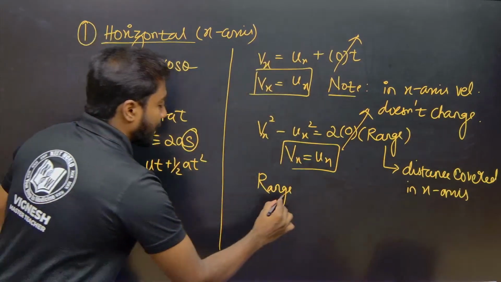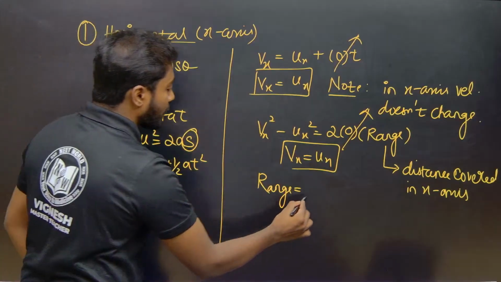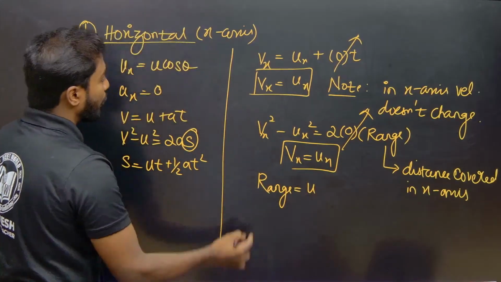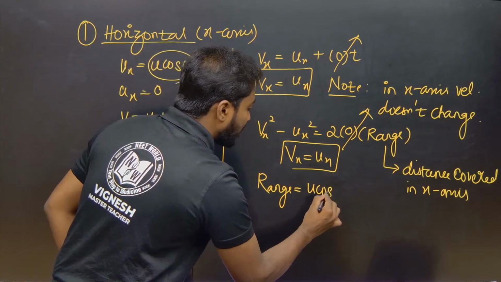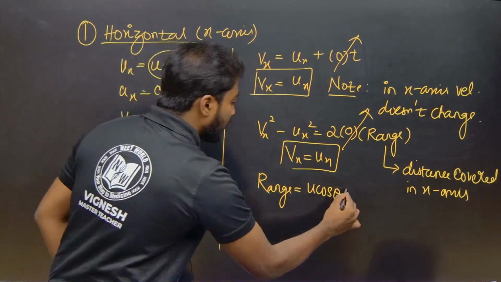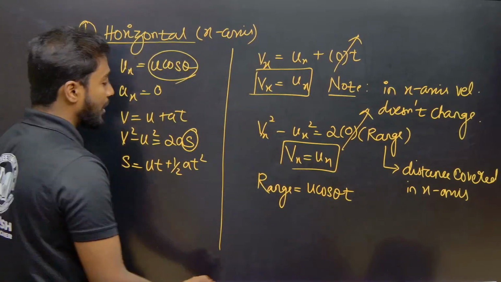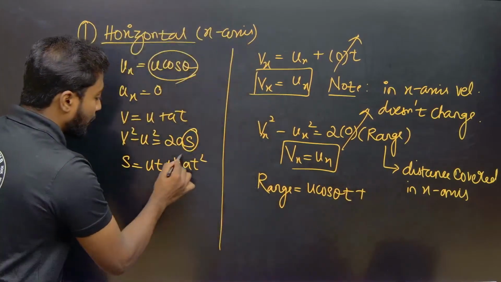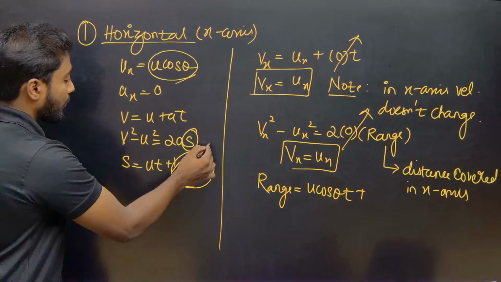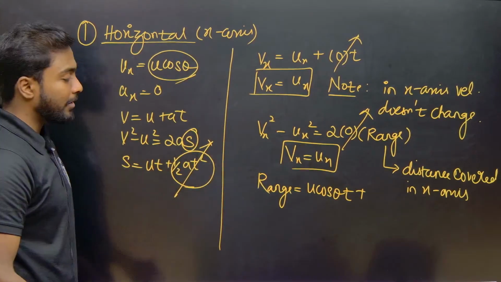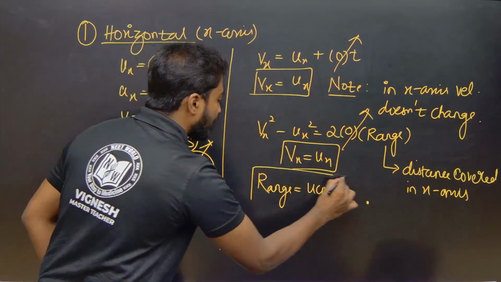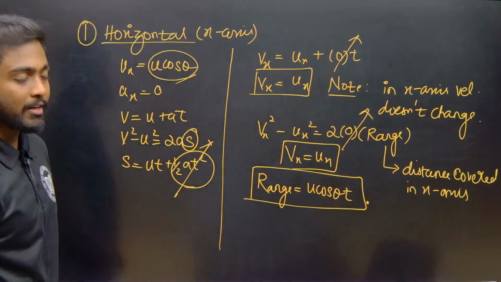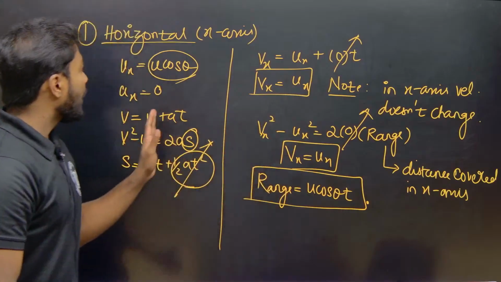So range is equal to, what is u here, ux, in the sense u cos theta, into t, I will write t as it is, plus half a t square. Again a is 0, I can cancel it out. So the final answer will be the range in the x axis, that is u cos theta t. This is about the horizontal.